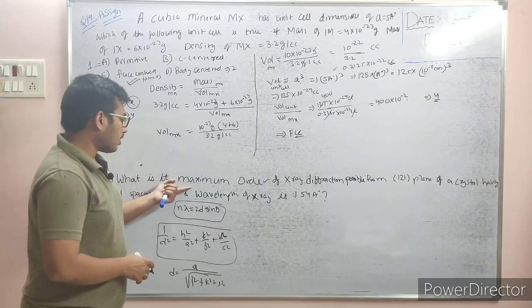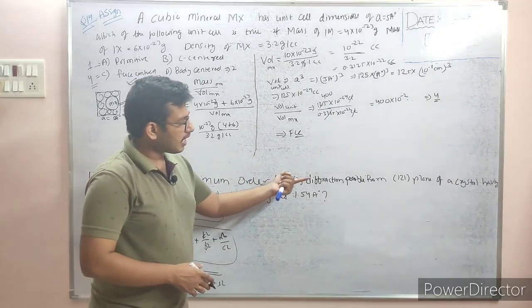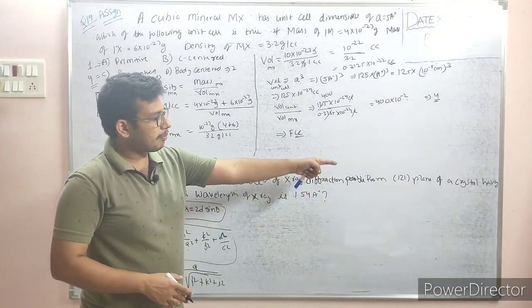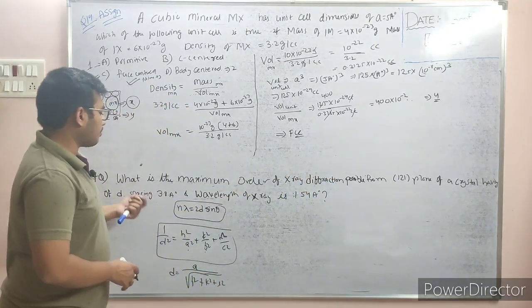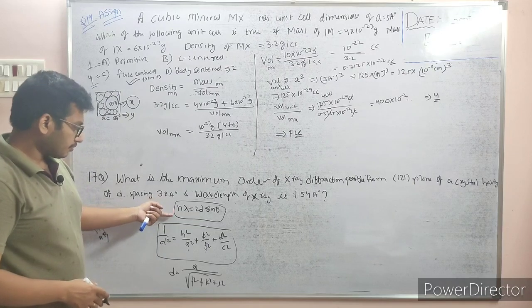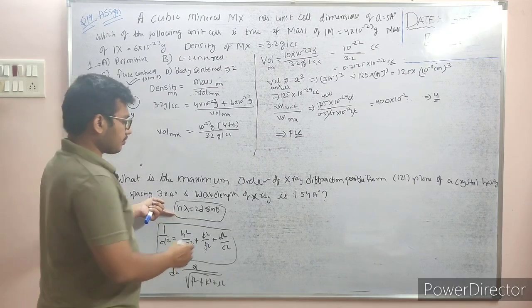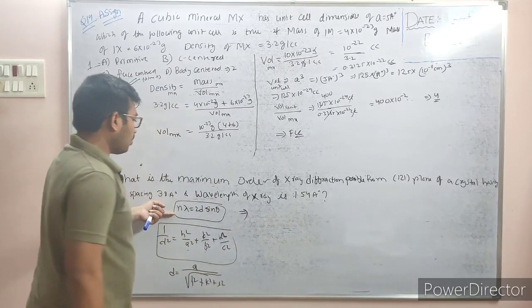First of all, what is the maximum order of X-ray diffraction possible from the plane of a crystal having d spacing? Let's put the values in the formula.